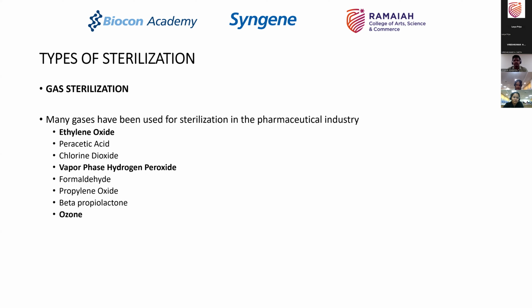When I was young, and when I first joined the industry, formaldehyde was the method of sterilization, and formaldehyde-based sterilization or decontamination processes used to be very tough to do and really hazardous to handle.